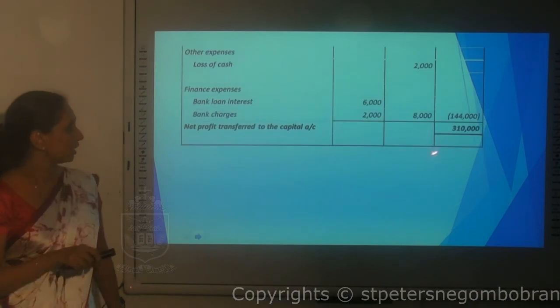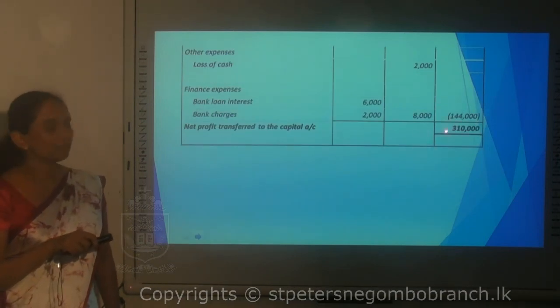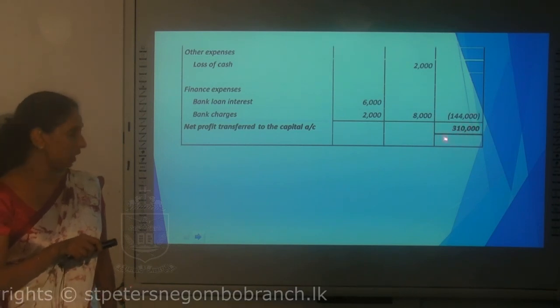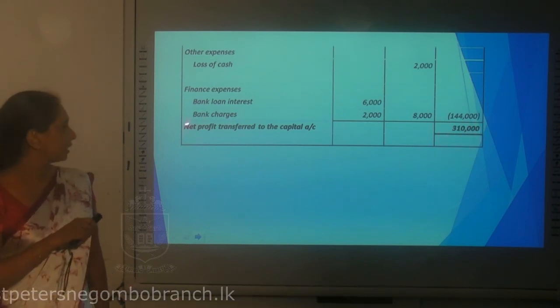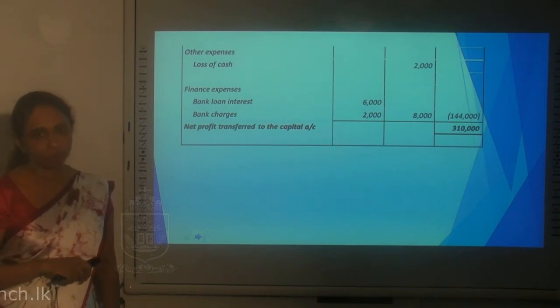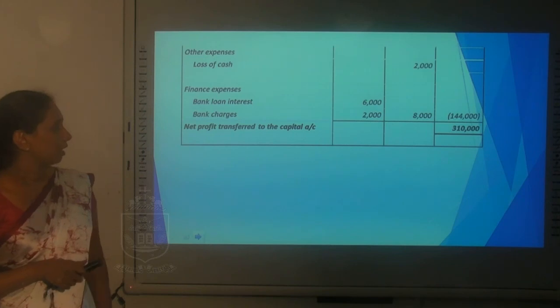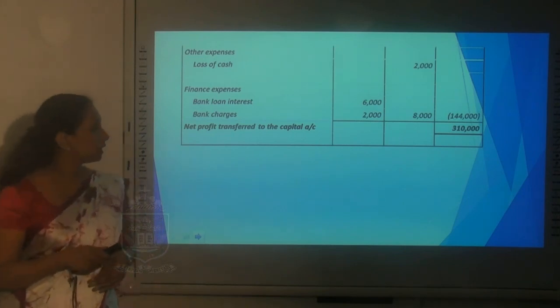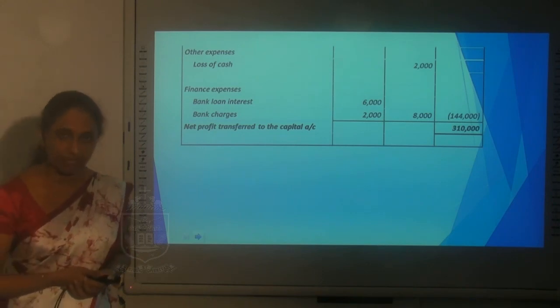So finally, we will end up with the gross profit figure here and the net profit figure here, and that will be transferred to the capital account. So that's how we prepare the profit or loss statement.